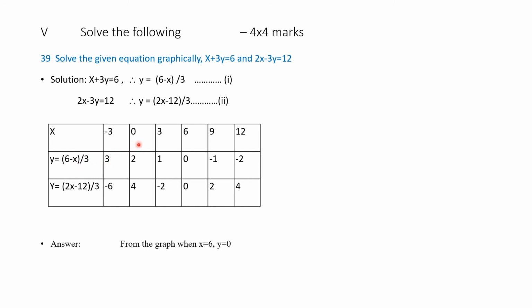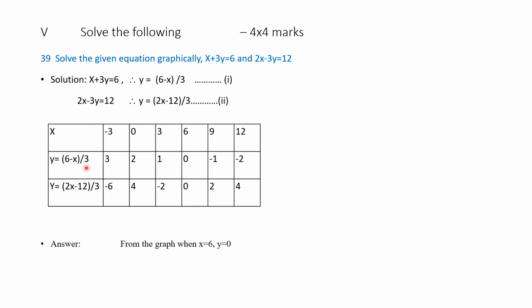If you put x is equal to 0, it will be 6 by 3, which is equal to 2. When x is equal to 3, it is 3 by 3, and y is equal to 1. And when x is equal to 6, y is equal to 0. When x is equal to 9, minus 3 by 3, y is equal to minus 1. And x is equal to 12, y is equal to minus 2. That is, 6 minus 12 is minus 6 by 3, minus 2.